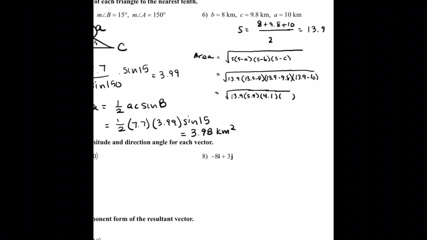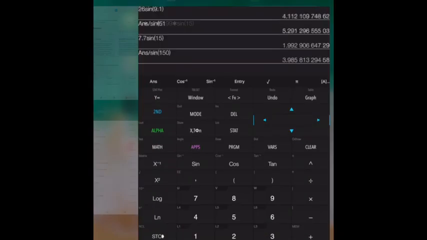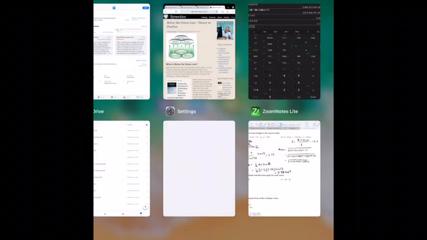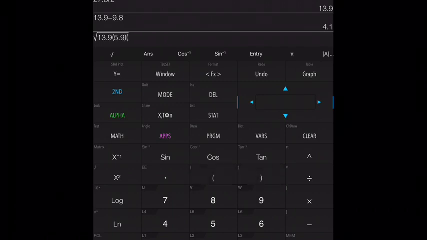And 13.9 minus 10 is 3.9. So we need the square root of 13.9 times 5.9 times 4.1 times 3.9.